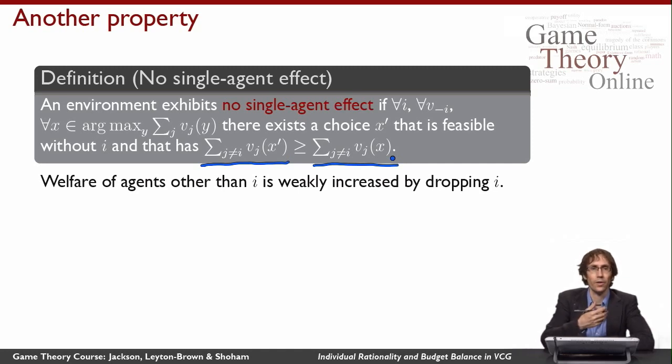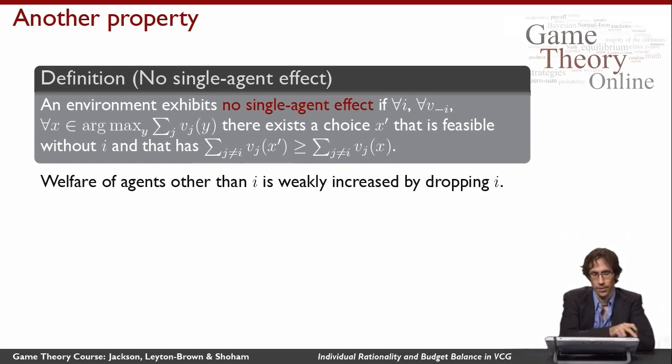So, in other words, if I drop an agent i, and then I pick some other choice instead, without i, everybody other than i is at least as happy with the new choice as with the old choice. So the welfare of agents other than i is weakly increased when we drop i.